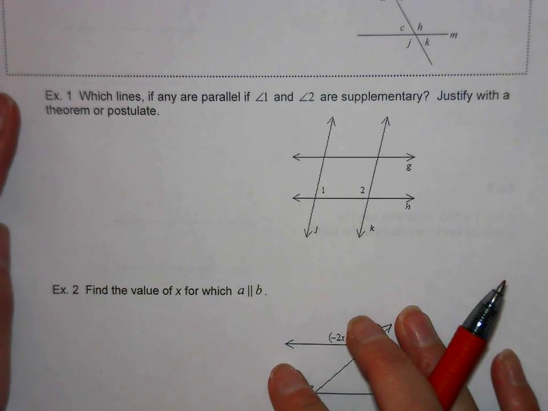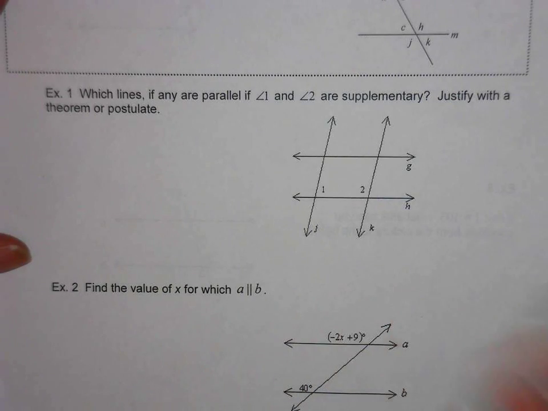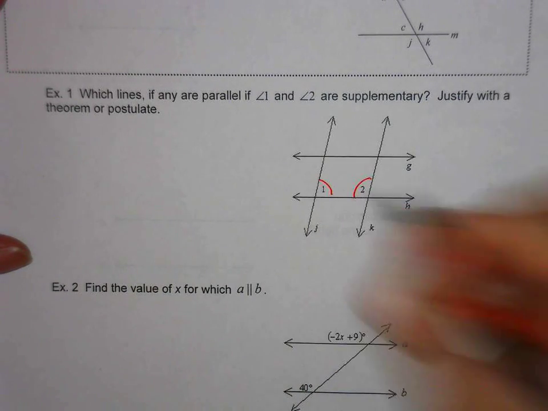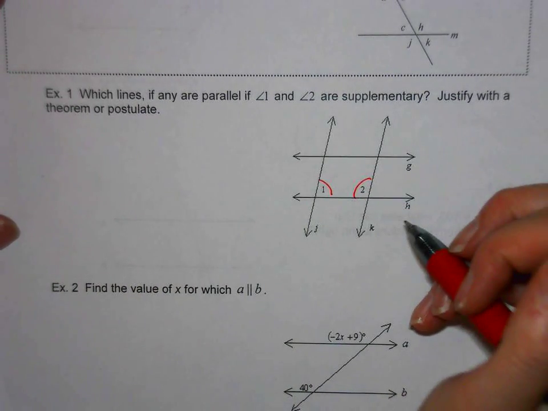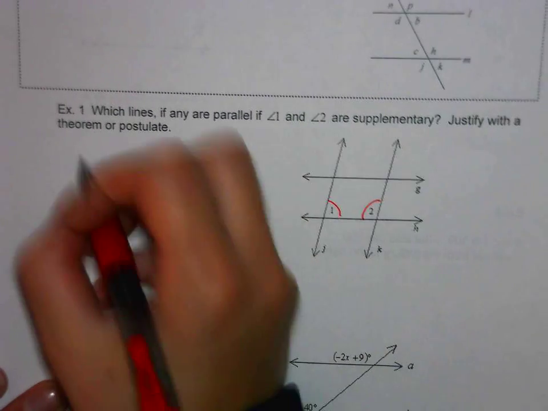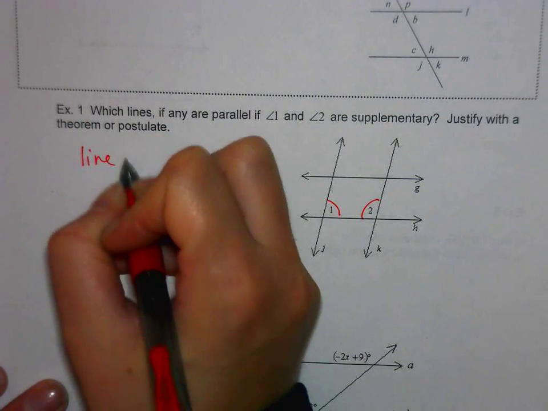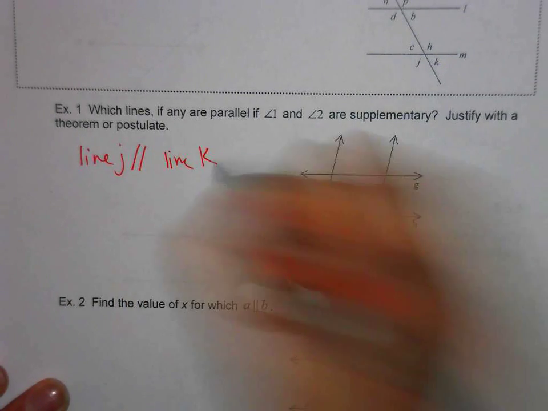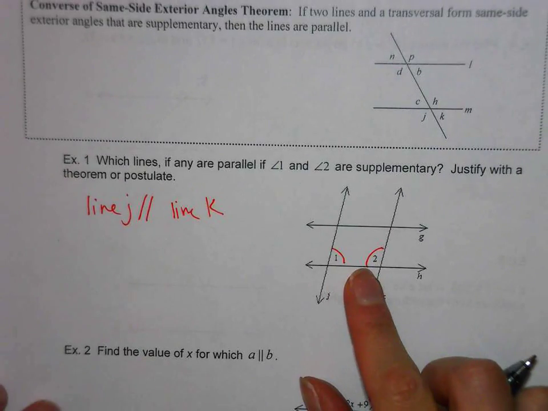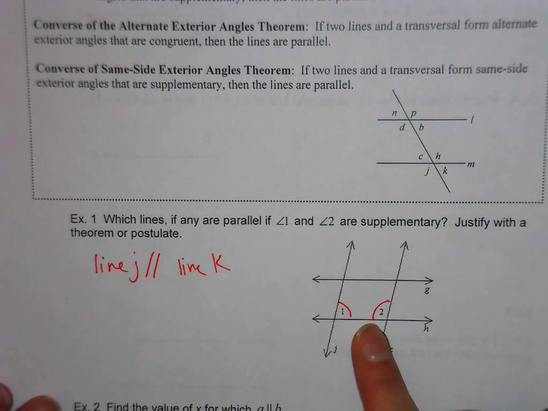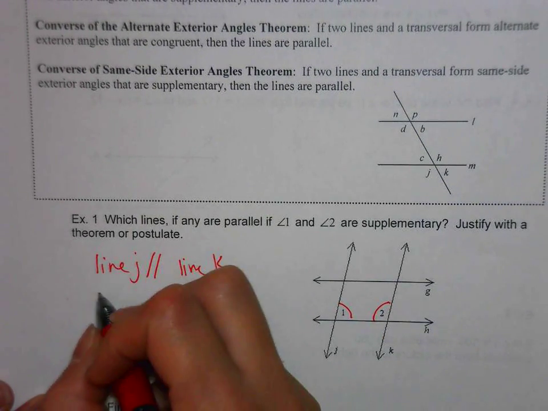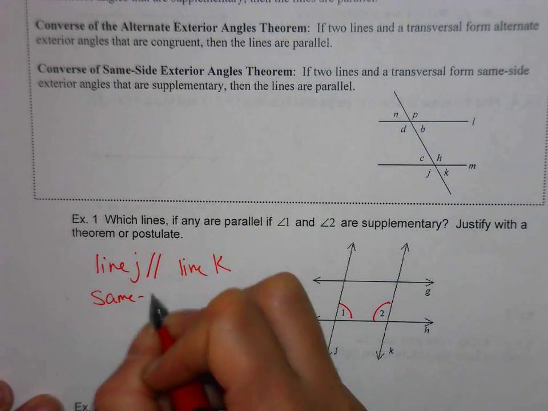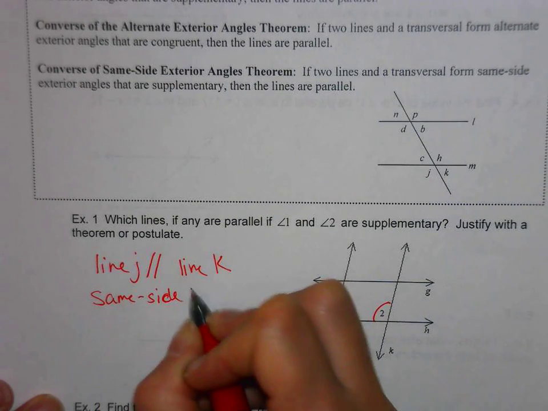So which lines, if any, are parallel if angle 1 and angle 2 are supplementary? Justify with the theorem or the postulate. So we would say that line J is parallel to line K because these two angles are same side interior angles.